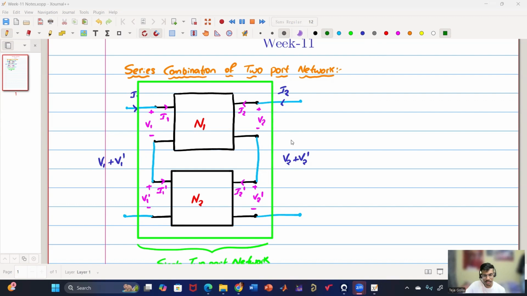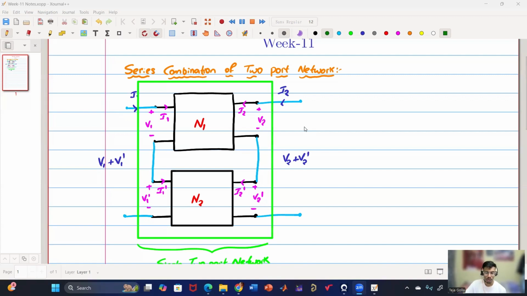ABCD. Parvatam says ABCD. What about others? Nandini says Z parameters. Shamita. Okay. So, yes. ABCD parameters. Okay.